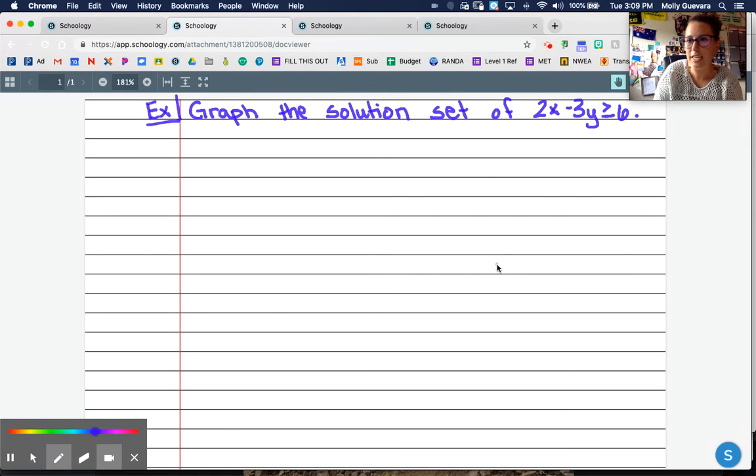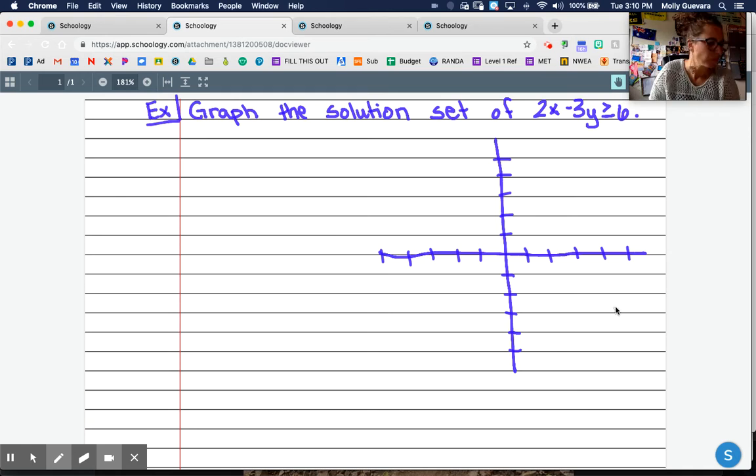Well, the first thing I need to do is set up a coordinate grid. So here's my coordinate grid. Now, I don't know how to graph this, right? This is not in slope-intercept form. I don't know what my y-intercept is. I don't know what my slope is. Great, right?